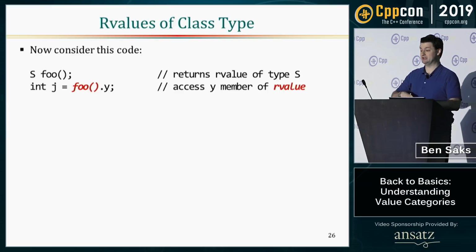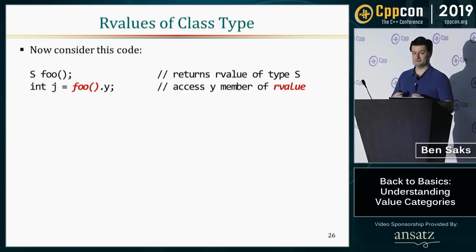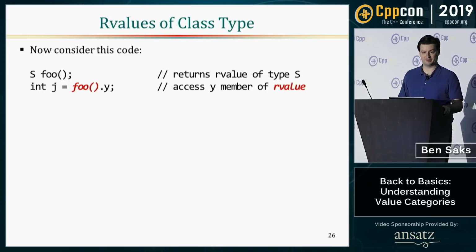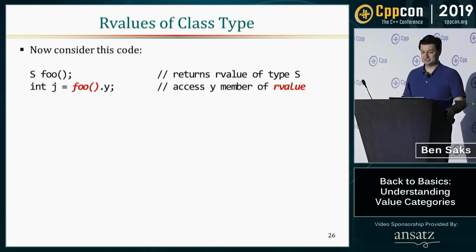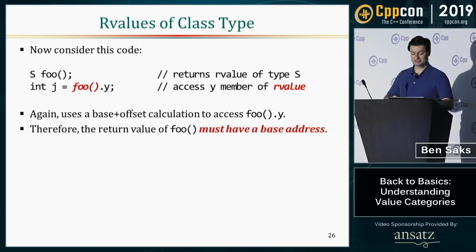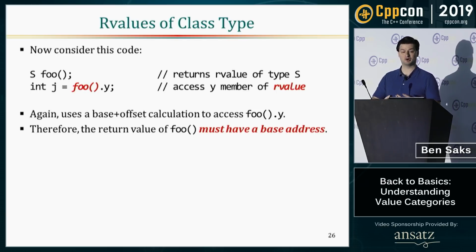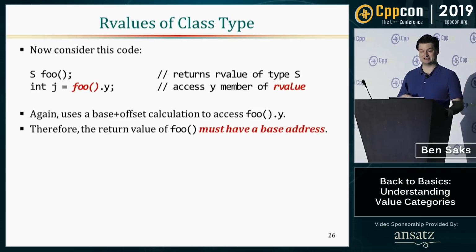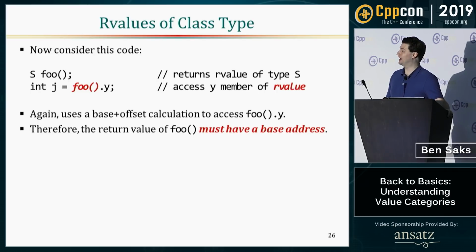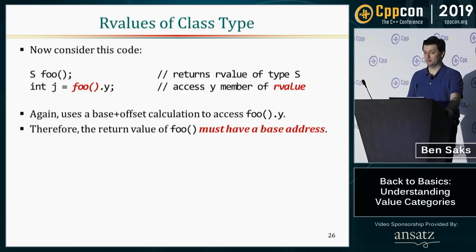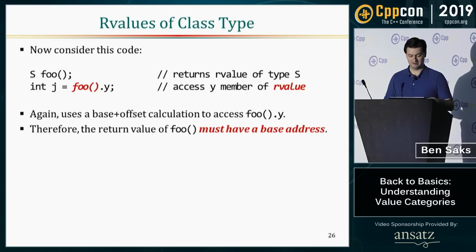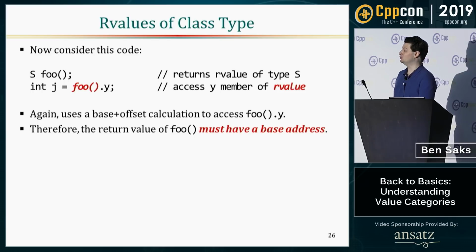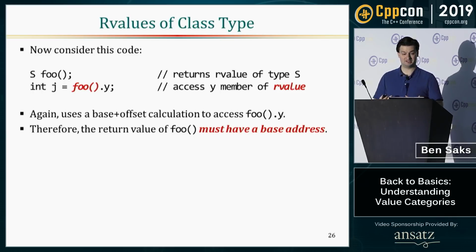So what would it look like if we were dealing with an R value of type S, like the return value of this function foo here? In this case, the compiler still needs to go through a similar process to access the data member Y of that return value, which means that if it's going to perform that base plus offset calculation to get at Y, the return value of foo has to have a base address.